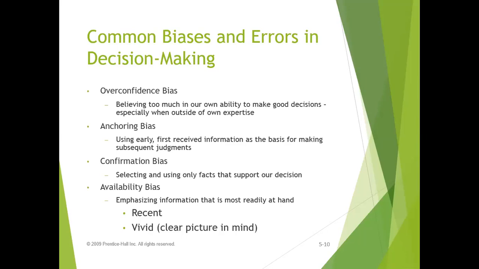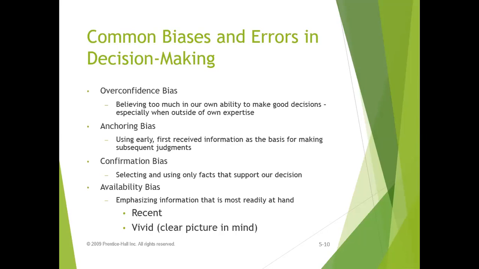Then confirmation bias. Confirmation bias is basically the tendency to seek out information that reaffirms past choices and to discount information that contradicts past judgments. As you see, we select and use only facts that support our judgment.